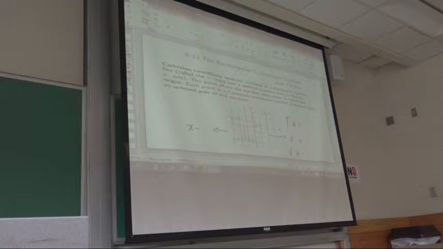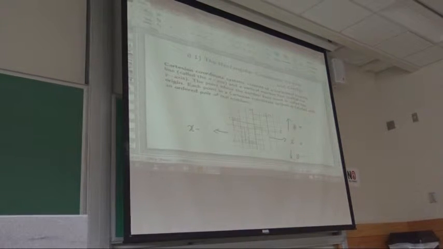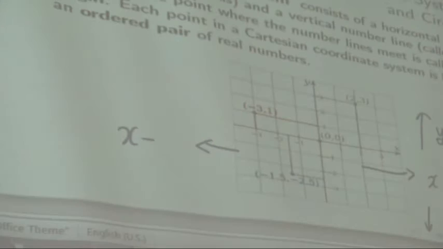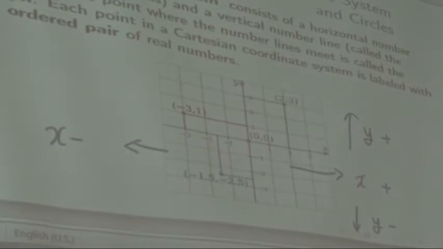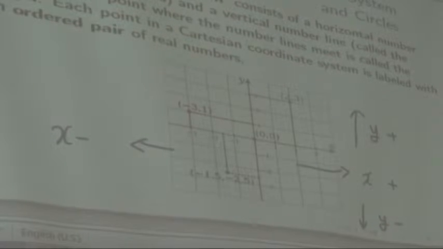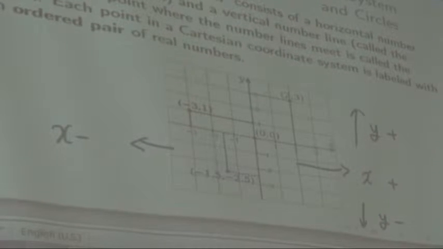So let's start. Review of section 8.1, which is about the Cartesian coordinate system. We introduced the 2 axes, the x-axis and y-axis. When you mark a point on the Cartesian coordinate plane, the point is represented as an ordered pair. The first component is the x component, and the second component is the y component.